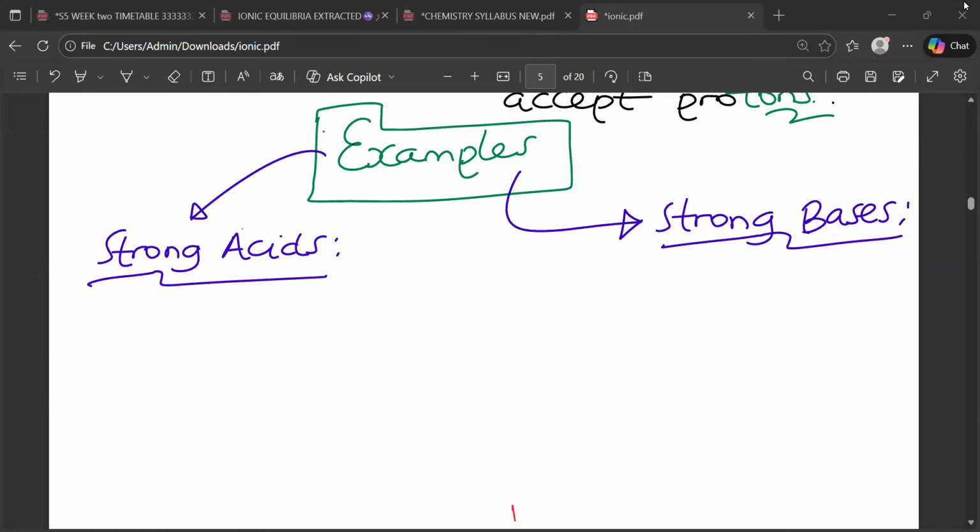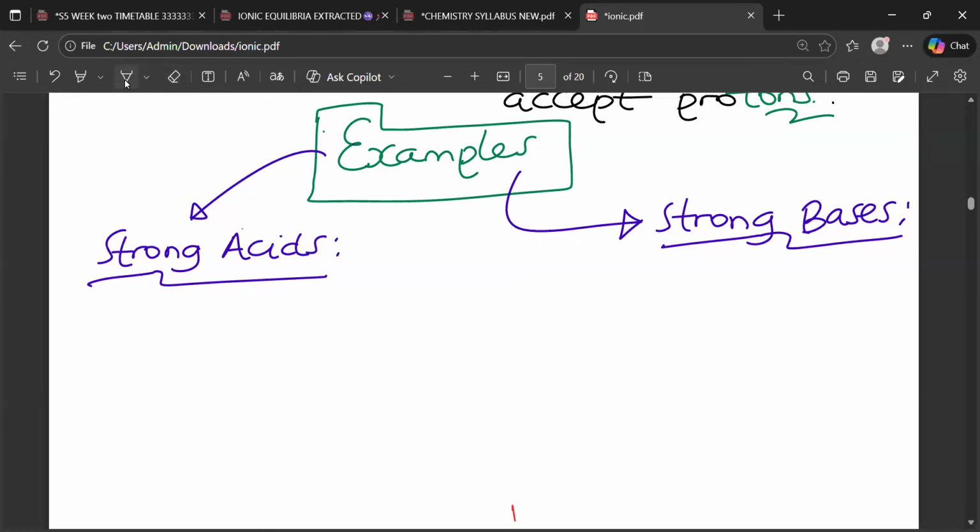The strong acids. We have hydrochloric acid, hydrobromic acid, hydroiodic acid. We have nitric acid. We have sulfuric acid.